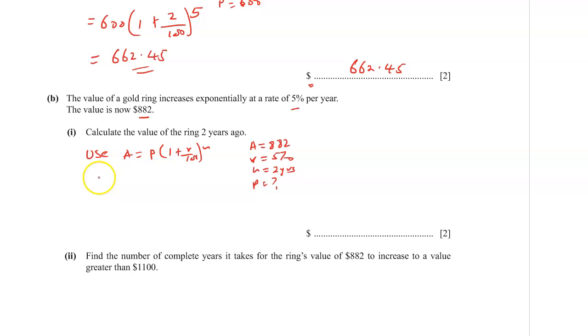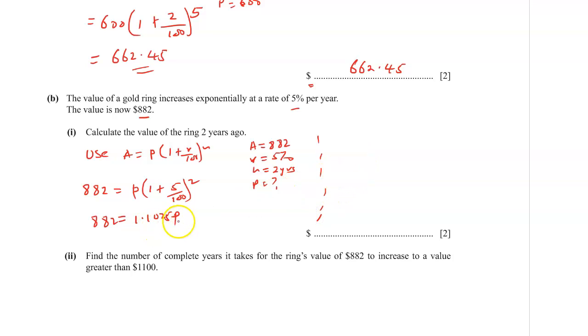So 882 is equal to P times 1 plus 5 over 100, raised to power 2. When you calculate this nicely, you'll get 1.1025 P is equal to 882.